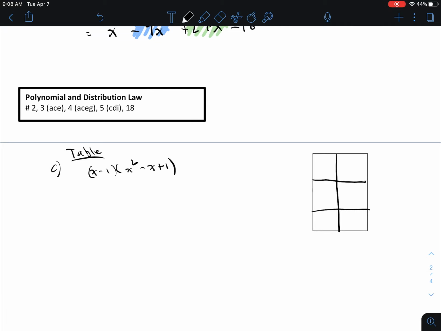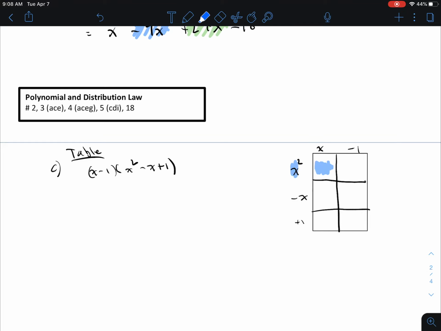Along the top, you're going to write x and minus 1, and then along the side you write x squared, negative x, and positive 1. Then your job is just to fill in the inside of the table, all these pieces.